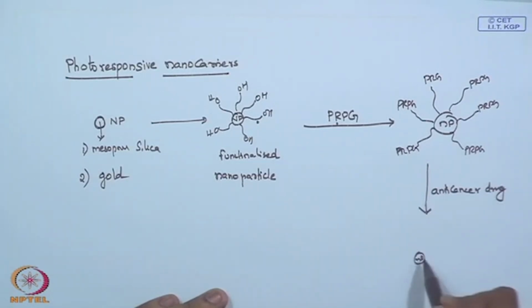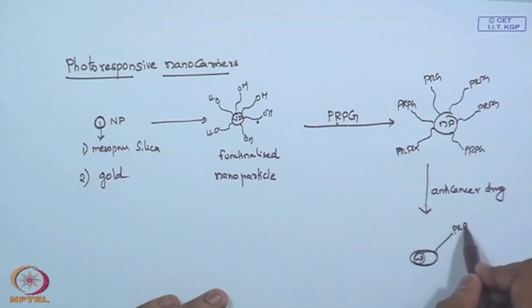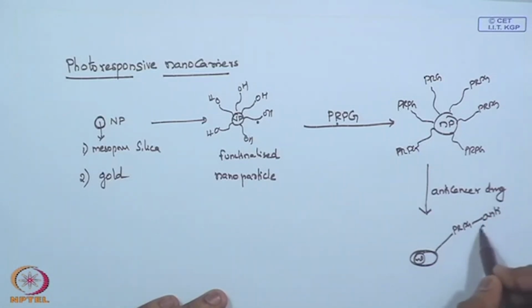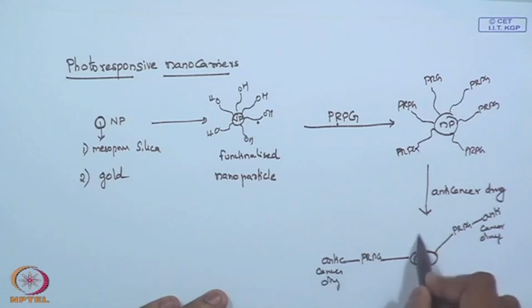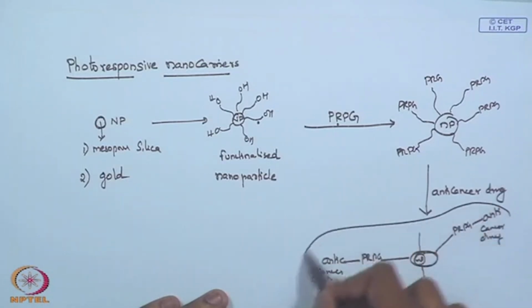Now you have a nanoparticle with a photoremovable protecting group plus the anti-cancer drug. Like this you will have a system with the photoremovable protecting group and the anti-cancer drug on a nanoparticle.